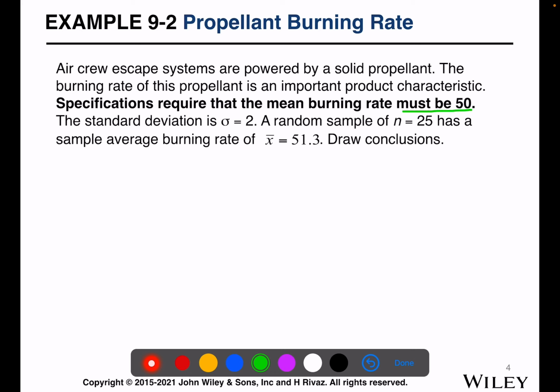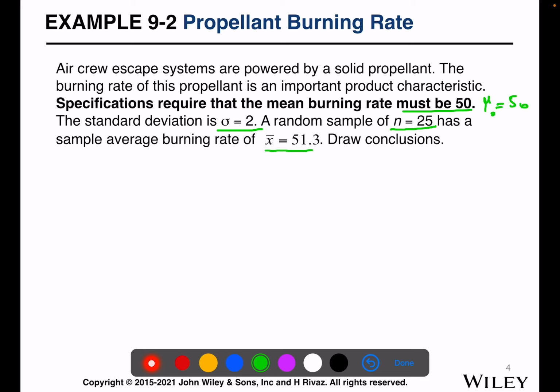So the null hypothesis is that mu is 50. Mu 0 is 50. The standard deviation is 2. Number of samples is 25. And we have a sample average burning rate of x bar equal to 51.3, right?